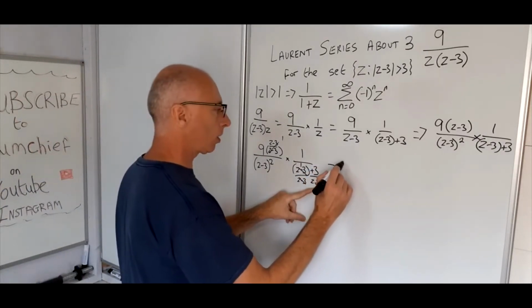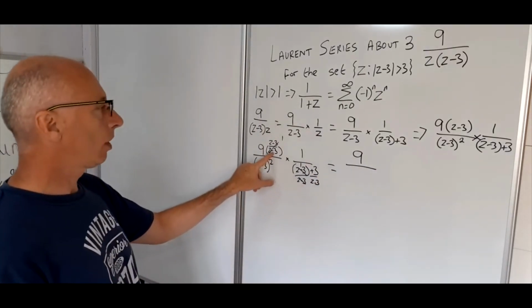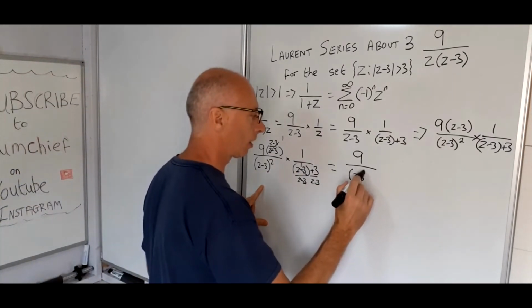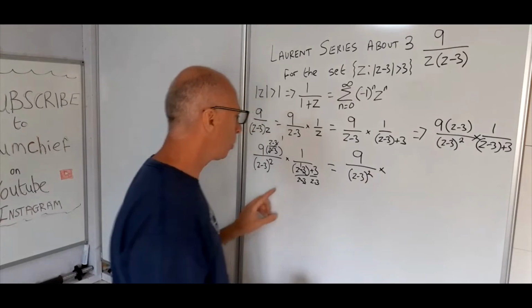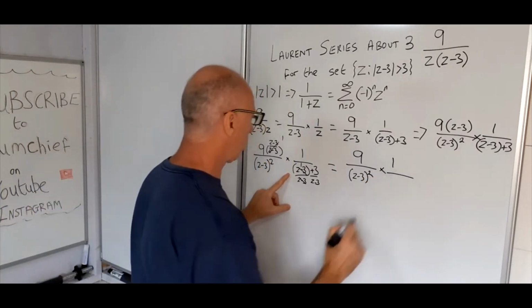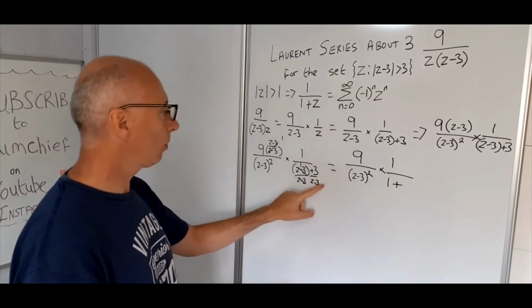So let's just clean this up a little bit. So now we've got the 9, this becomes 1, so that just stays, z minus 3 squared, and then we're going to multiply that by 1 over 1 plus 3 over z minus 3.